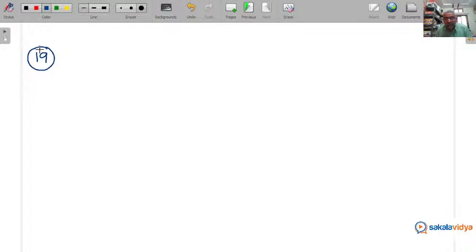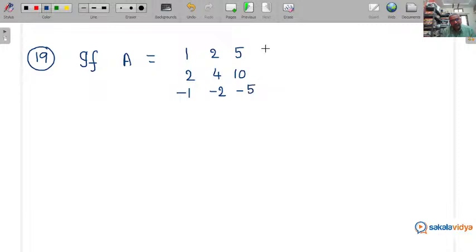Next question. If A equals the matrix with rows 1, 2, 5; 2, 4, 10; minus 1, minus 2, minus 5. Okay, this is the matrix.